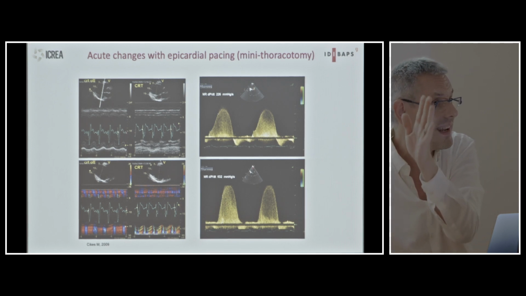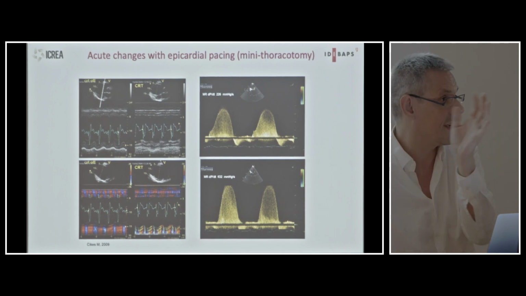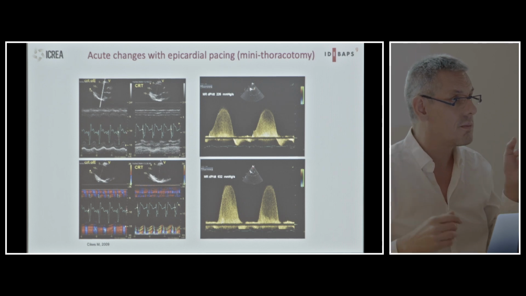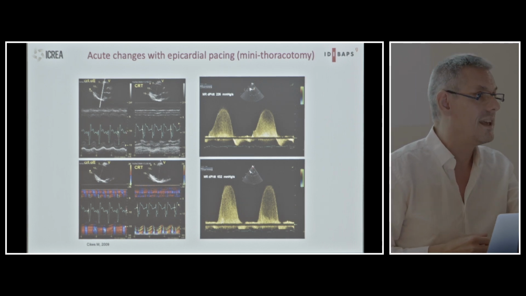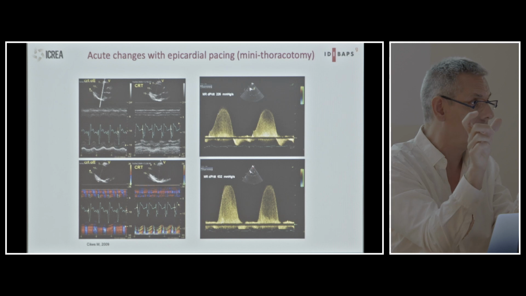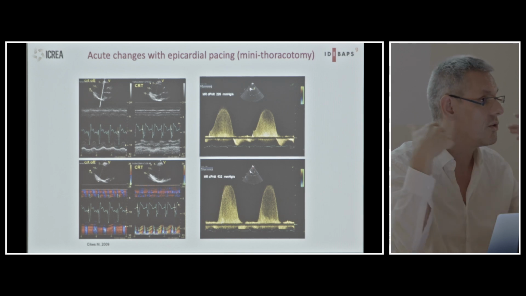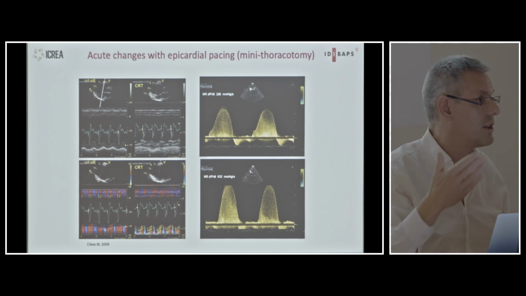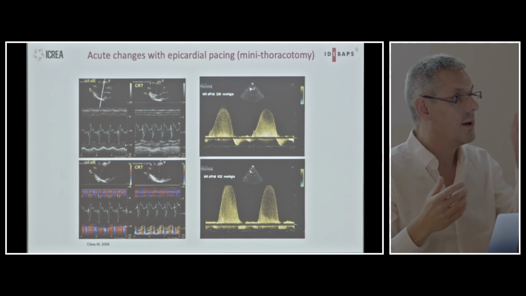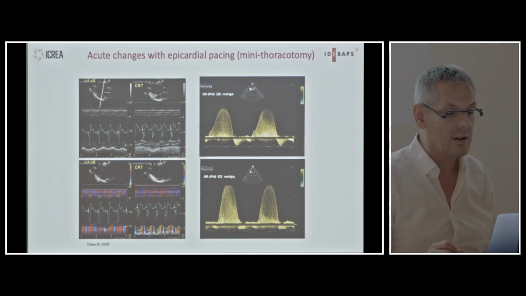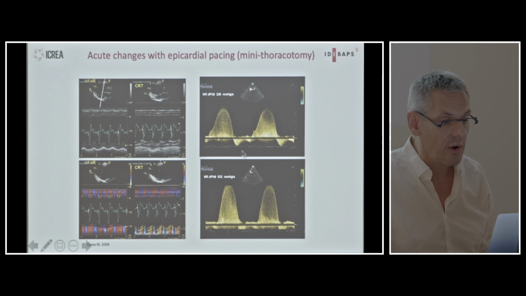And the isovolumic relaxation period is very long because, again, we have this interaction, which means that the effective ejection period and the effective filling period are bad. So that means that the total stroke volume will be much reduced, both because of the systolic and the diastolic part.